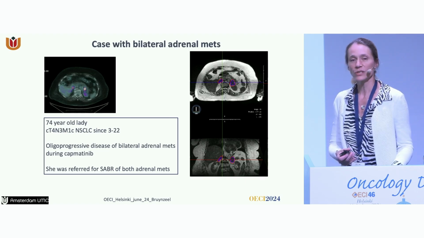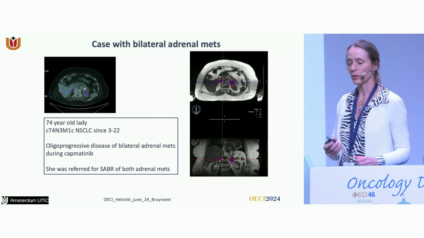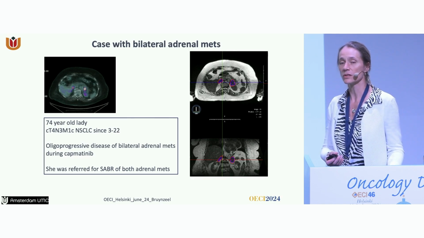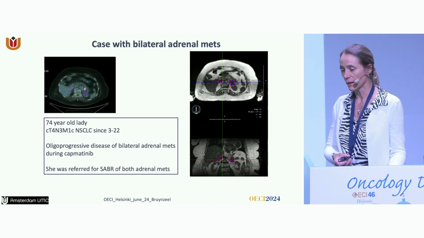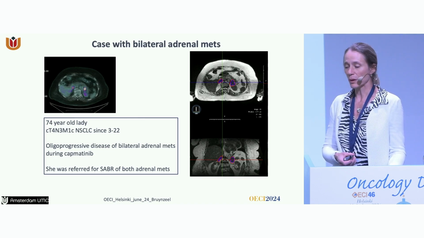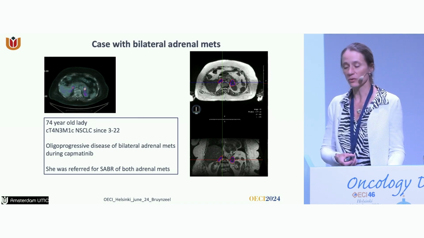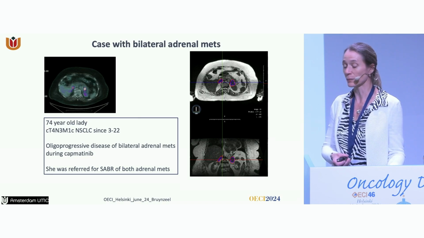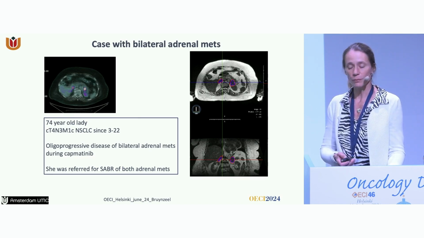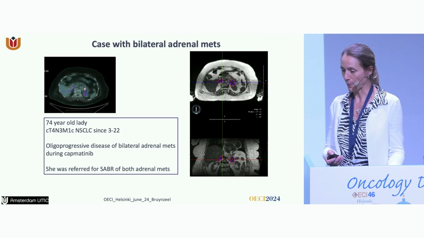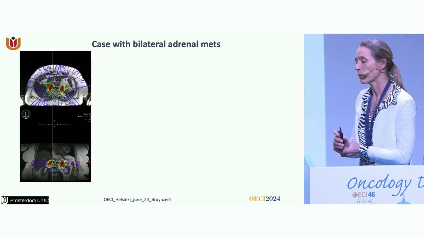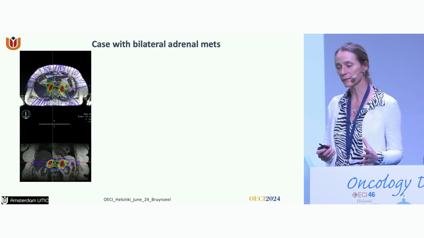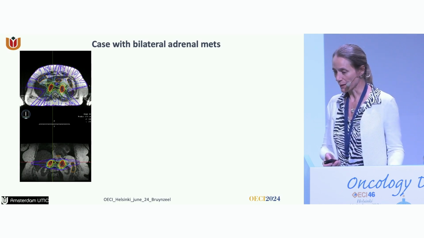And I would like to share this case with you, a lady of 74 years old suffering from metastasized non-small cell lung cancer. She was referred to our department because of oligoprogressive disease of bilateral adrenal metastasis during her treatment with capmatinib. And here you see her treatment plan with the intention to treat both lesions in one plan, 5 fractions of 10 Gray.